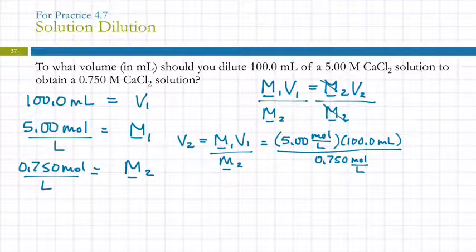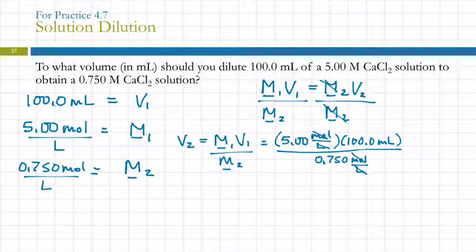I rearrange the equation. I plug the numbers into the equation. Let's check the units, see if we need to work on those at all. Here I've got moles per liter in the numerator and moles per liter in the denominator. Those are going to cancel each other out. The moles cancel and the liters cancel. The unit that's left is milliliters, and that happens to be the volume unit that is requested. So I don't have to mess with the units at all.